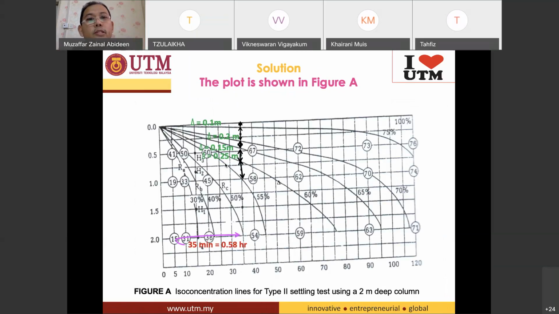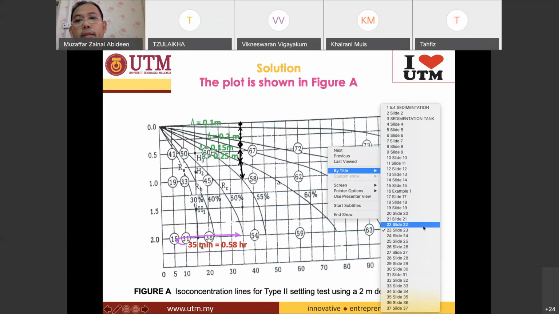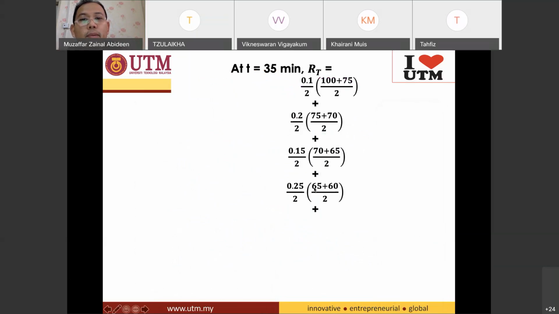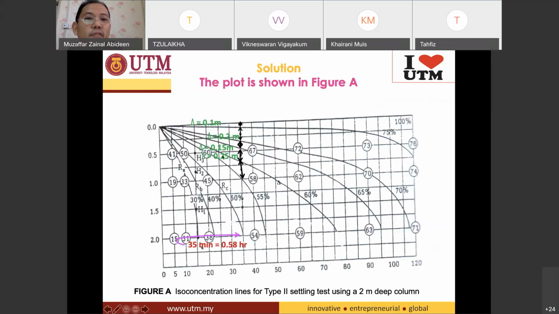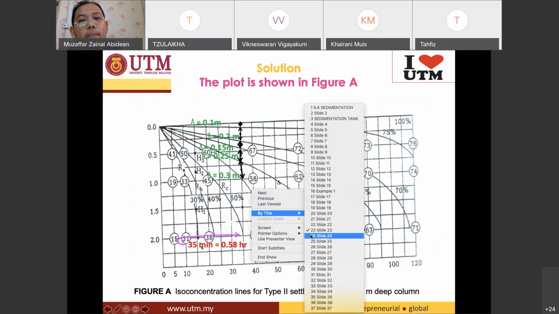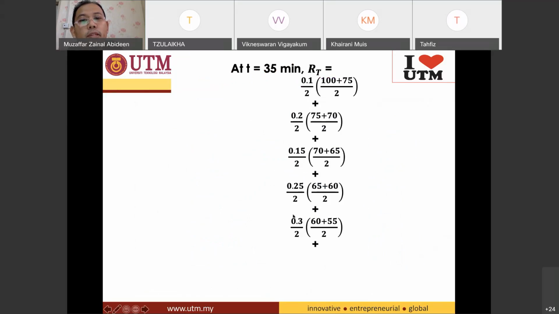That means 0.25 divided by 2, times 65 plus 60 divided by 2. Then delta H5: the height is actually 0.3 meters divided by 2, and this line is 60 and this line is 55. So 0.3 divided by 2, times 60 plus 55 divided by 2.